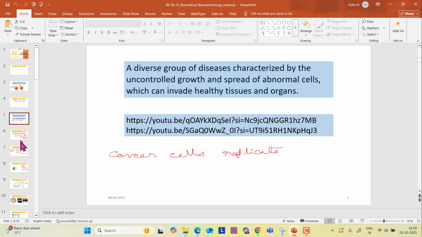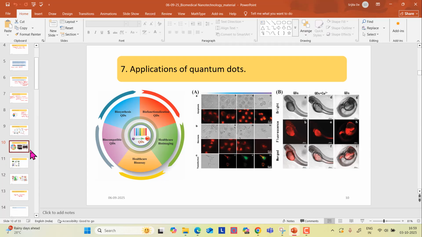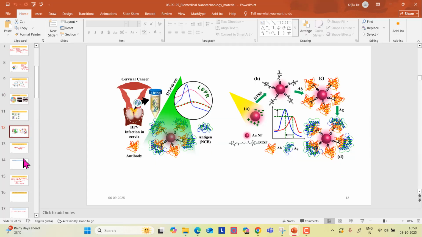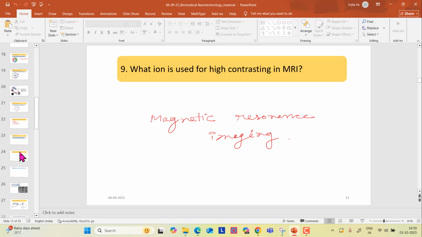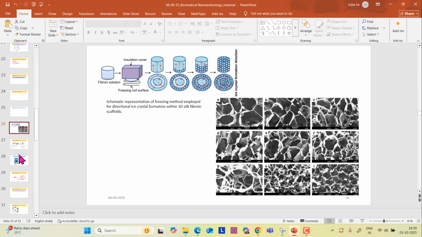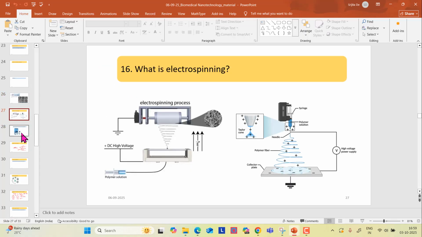Then comes the application of quantum dots. Then comes the synthesis of nanofiber through electrospinning.